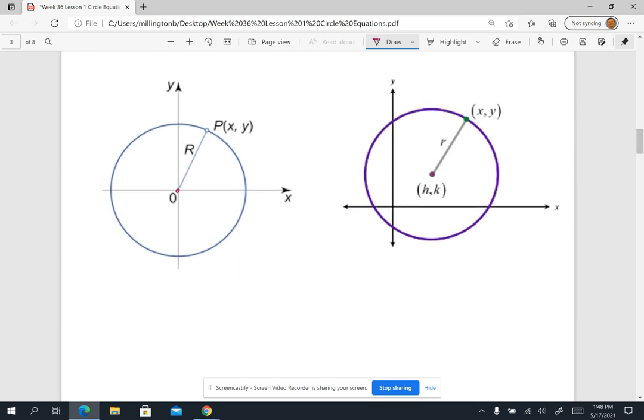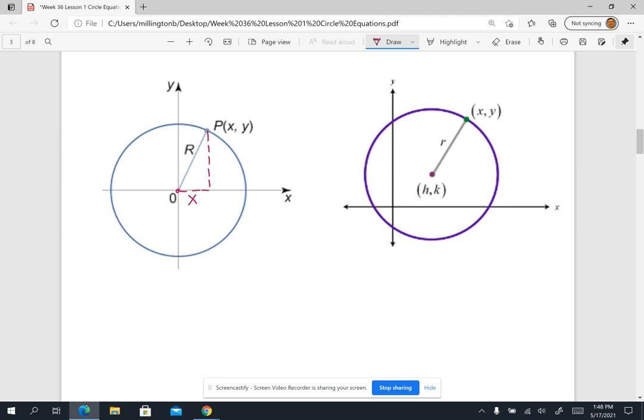If I have a random point on this circle, the coordinates of this point would be x, y. If I want to look at how far that is from the center of the circle, I could use the Pythagorean theorem. Looking at the horizontal leg, I would go x units over, and then for the y coordinate, I would go y units up. So the length of this horizontal segment would just be x.